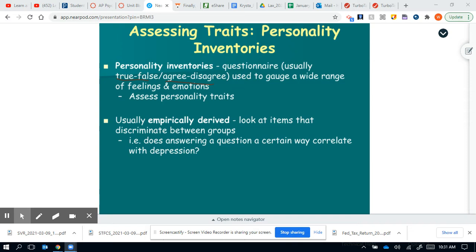Using factor analysis, they look to see which questions you answer which way, and those questions have been assigned a trait. So questions measure certain traits.